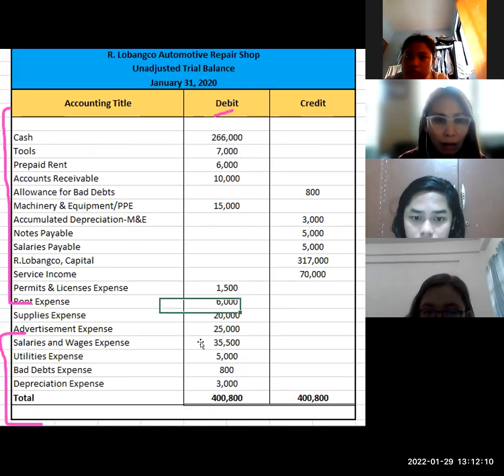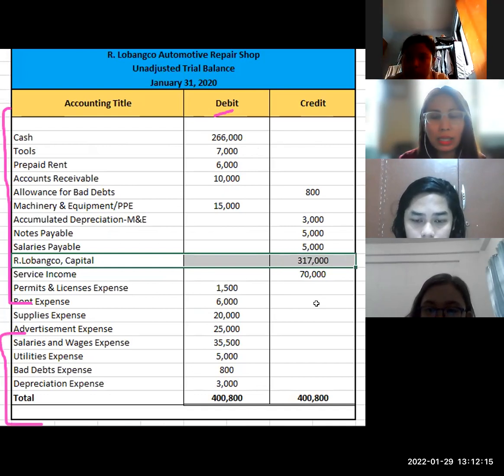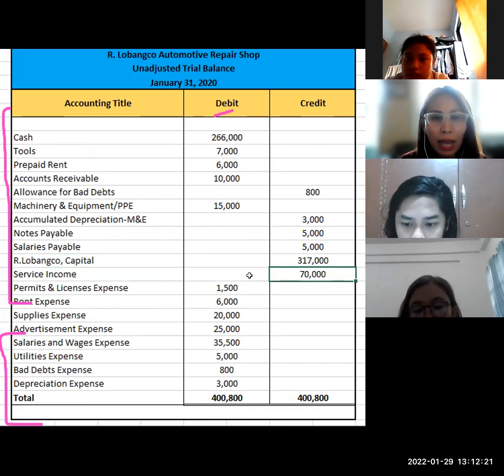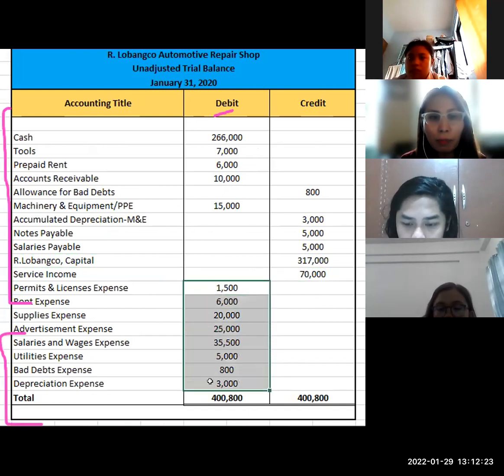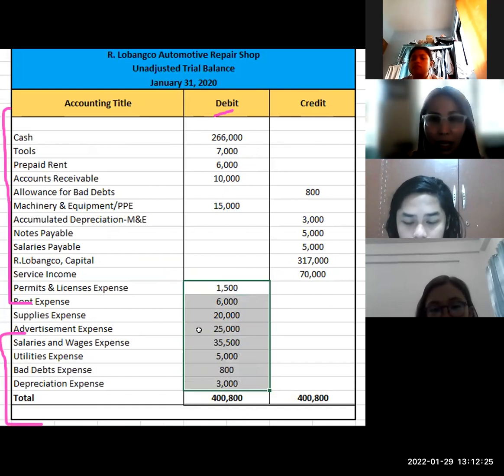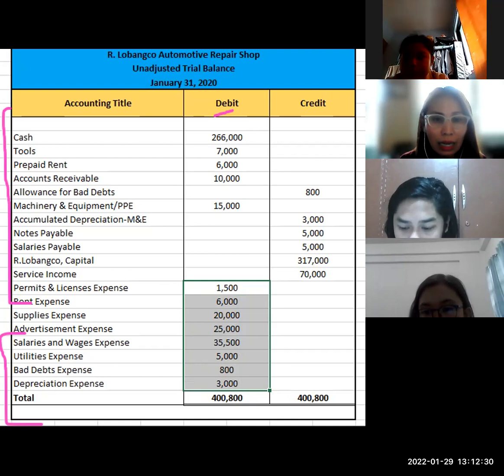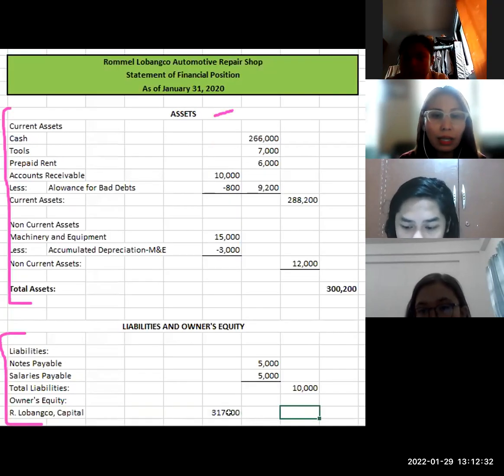Ayan, di ba? We have the Arlo Banco Capital 317,000. But we are to find kung ano po yung effect ng service income and all the expenses incurred by the business. Okay. Balik ulit natin to the financial statement.